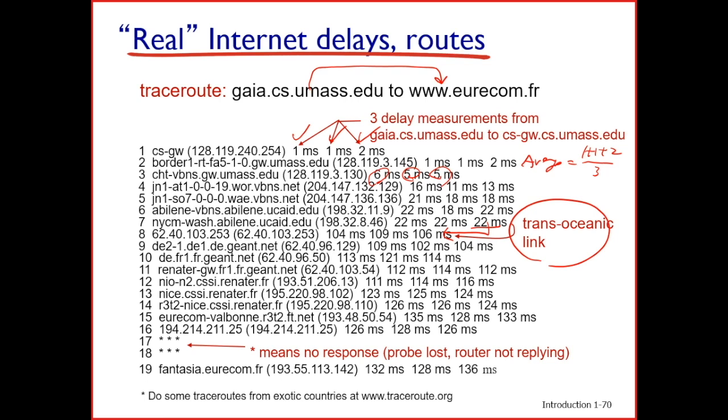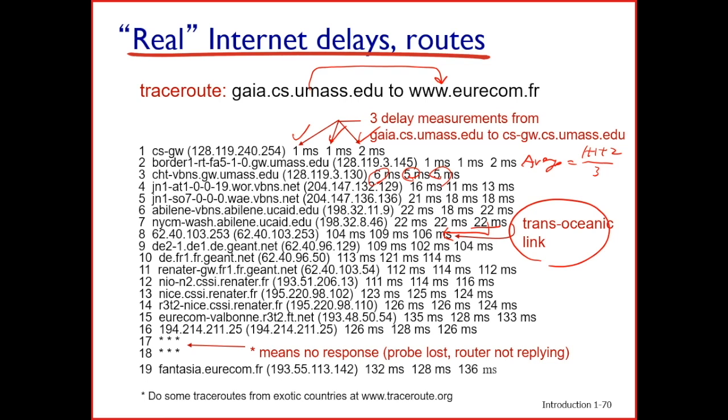That's why we have 22 to 104, because it's a jump. So that's the reason: the transoceanic link gives a large enough delay.